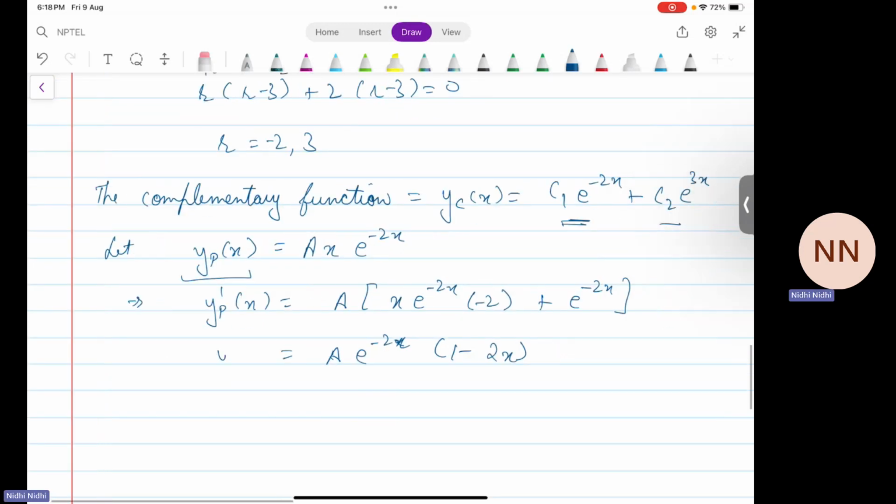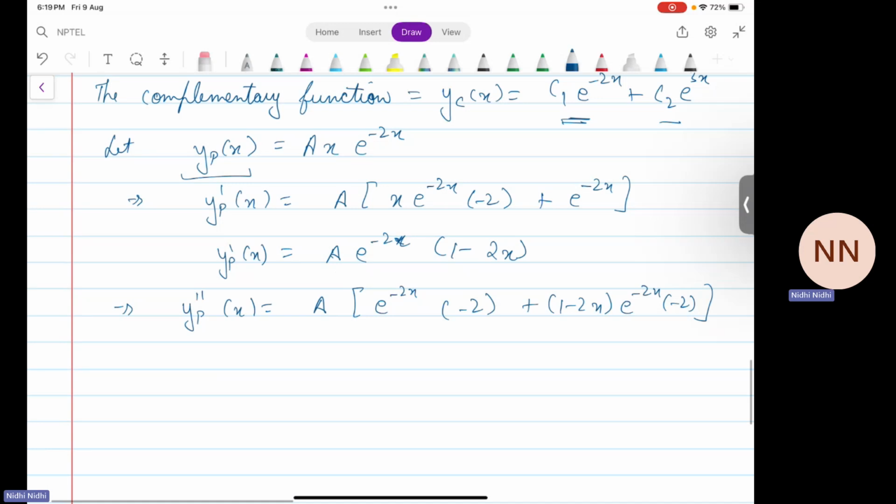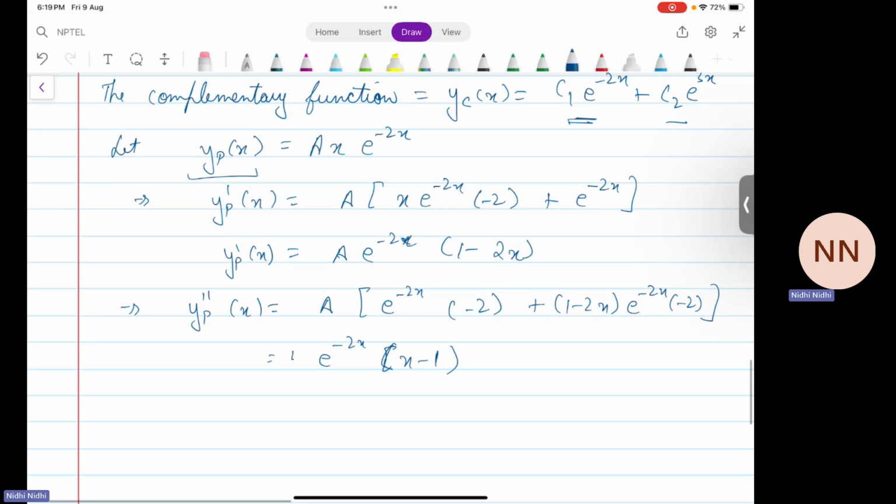This gives us y_p double dash x is equal to A e to the power minus 2x as it is times minus 2 plus (1 minus 2x) as it is times e to the power minus 2x times minus 2, which is e to the power minus 2x A (4x minus 4).